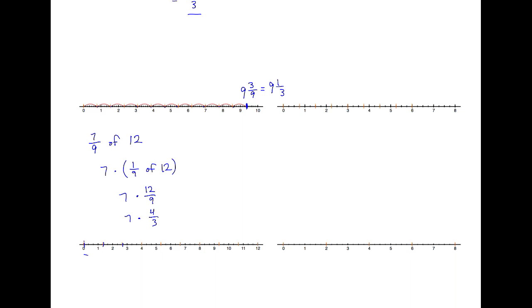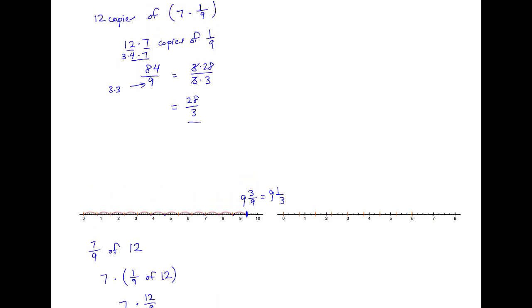So I go 1, 2, 3, 4, 5, 6, 7 copies of that, and I get to 9 1/3. Okay? So in both instances, we get 9 1/3, or 28 thirds.